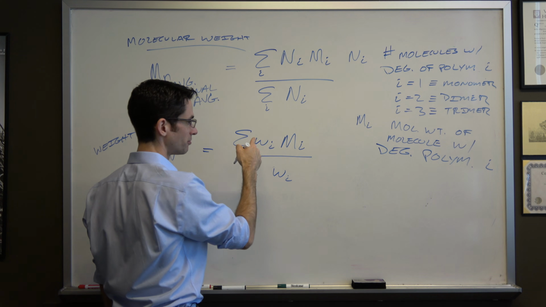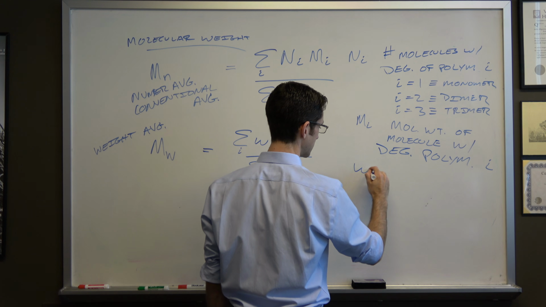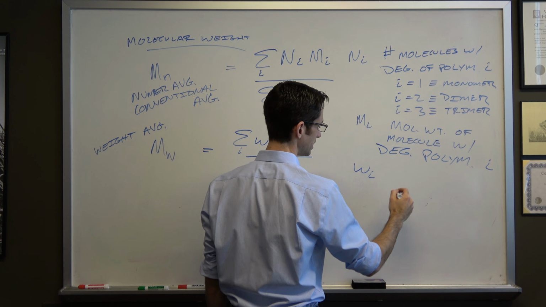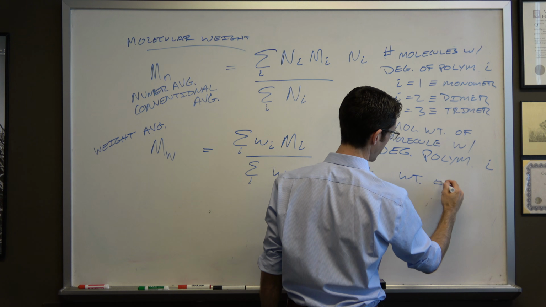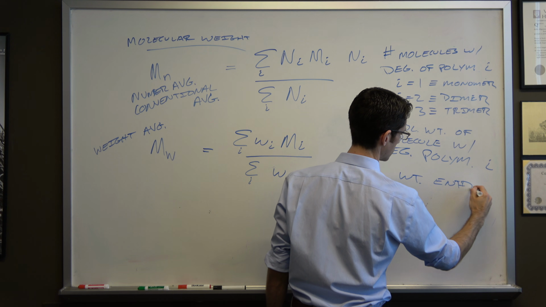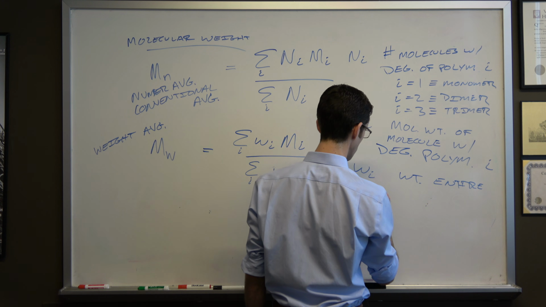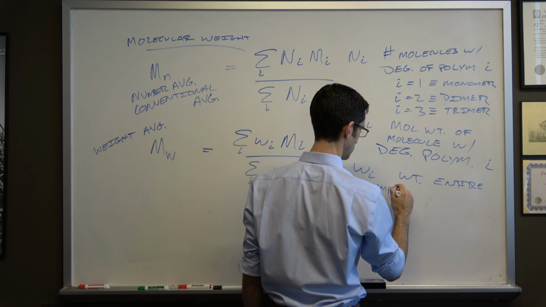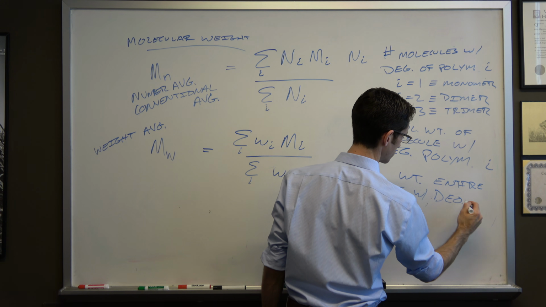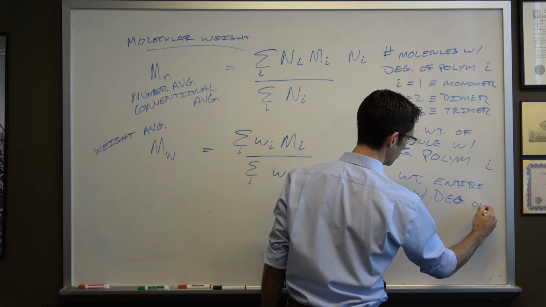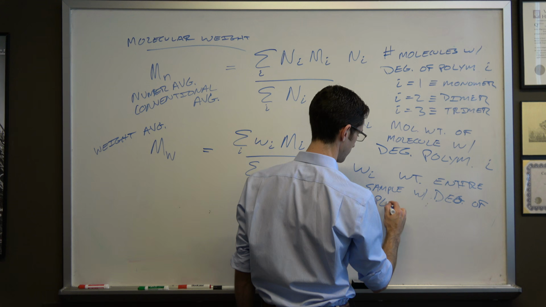And we have a new variable here, and that is W sub i, which is the weight of the entire sample with the degree of polymerization i.